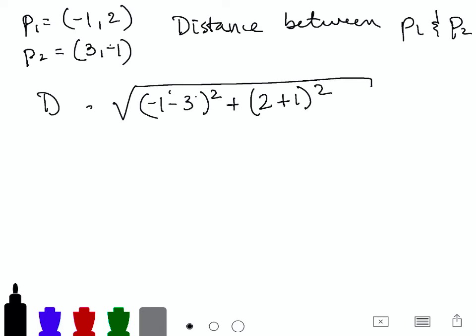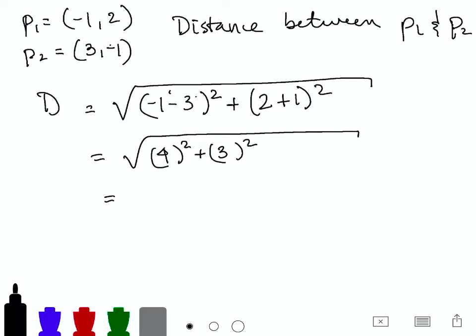So distance equals the root of 4 squared plus 3 squared, 16 plus 9, 25, which equals 5.